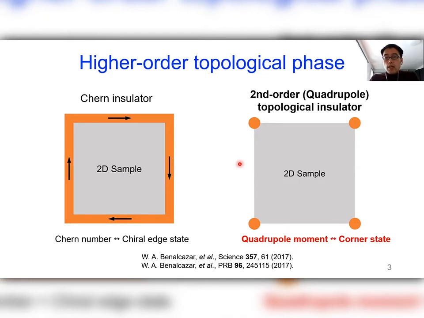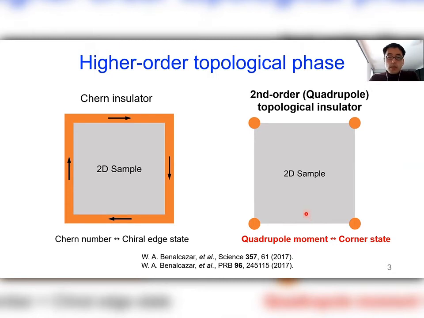In contrast, the second-order topological insulator is characterized by a quadrupole moment of magnons, and it supports a magnonic corner state. So this is a zero-dimensional boundary-localized state. And in this work, I'd like to talk about this new topological phase of magnons.